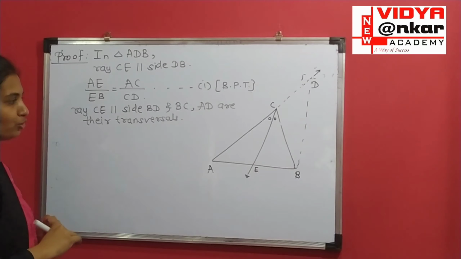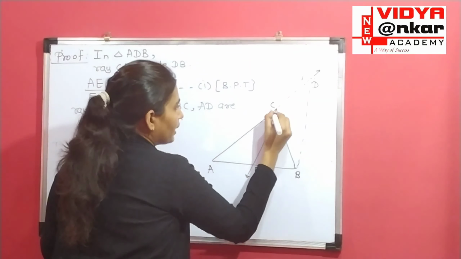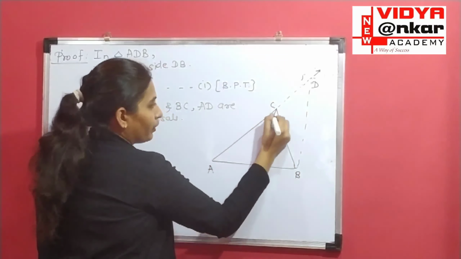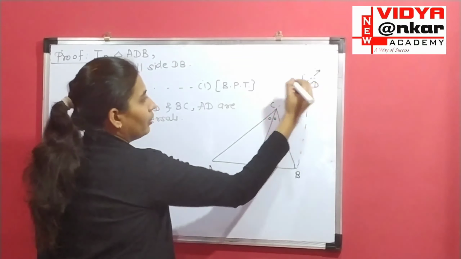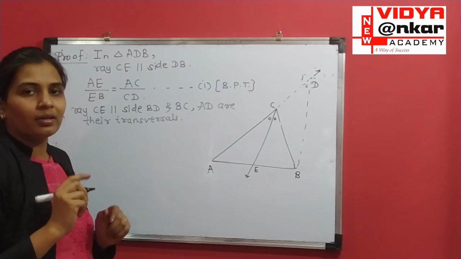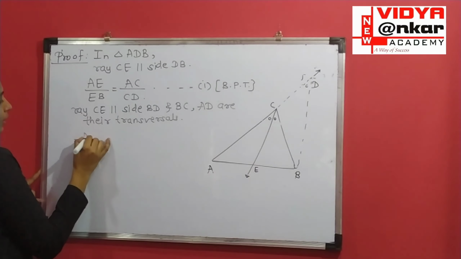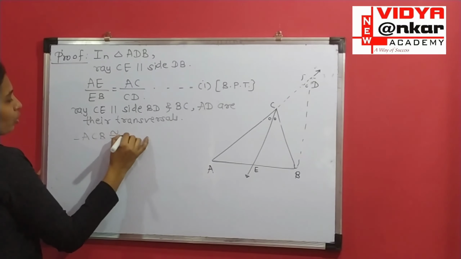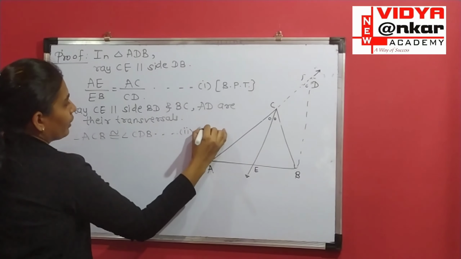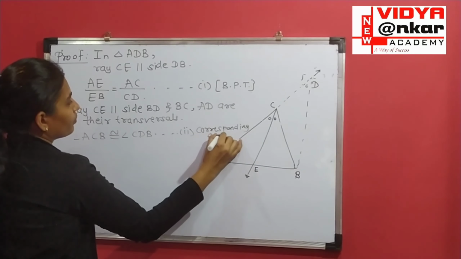Okay. Now students, if there are transversals, then angle ACE will be congruent to angle CDB, because they are corresponding angles. Angle ACE congruent to angle CDB. Number second, reason corresponding angles.